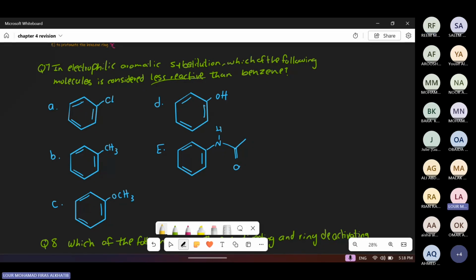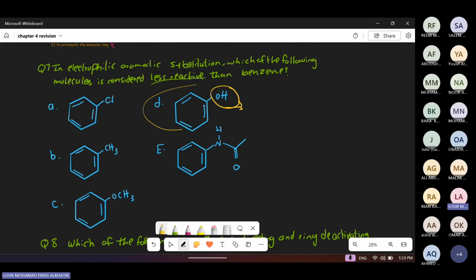Okay, what about this one? It's the activator. It's the most reactive. Know this very well. It is the most reactive, always. You have the table memorized. It doesn't really take a lot of understanding.